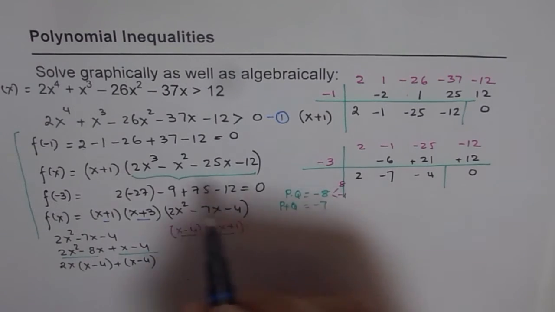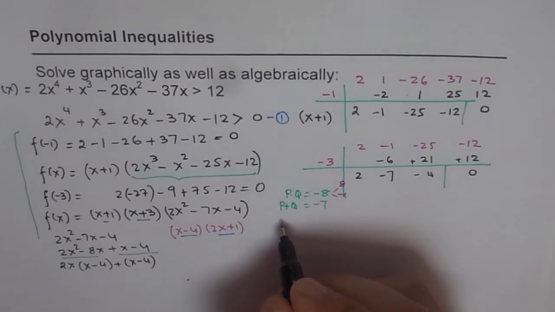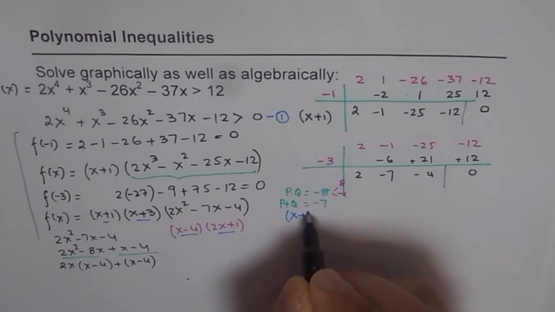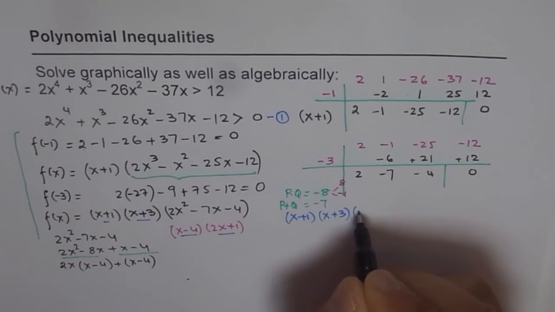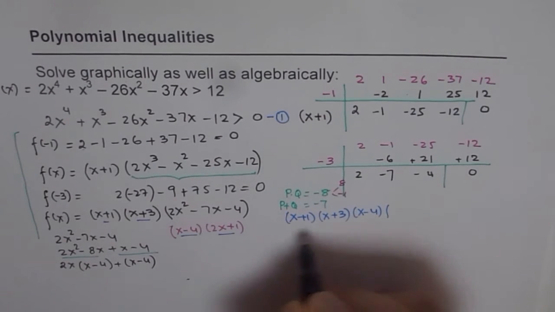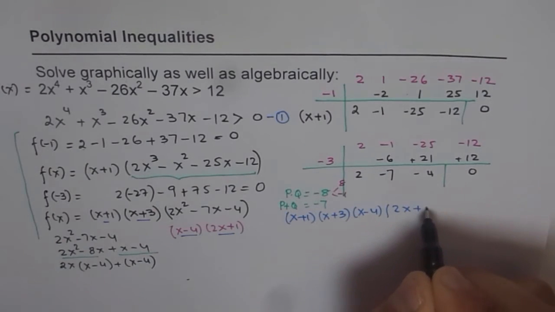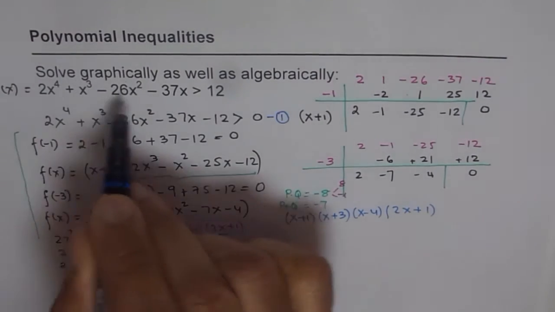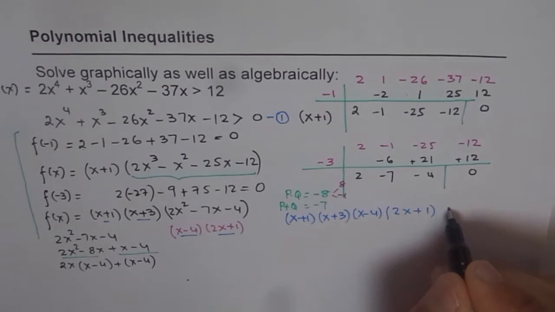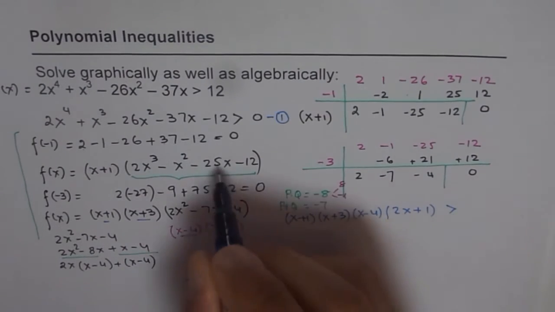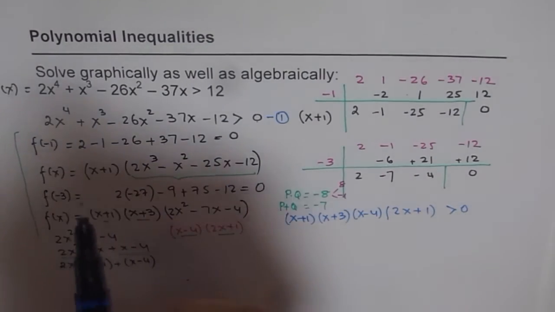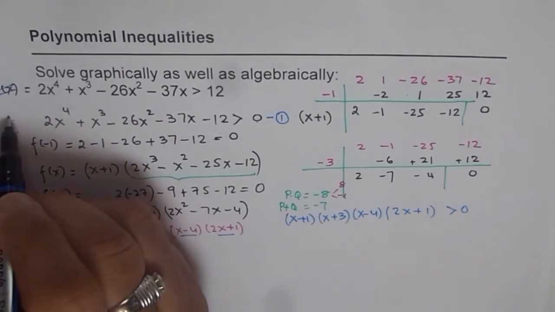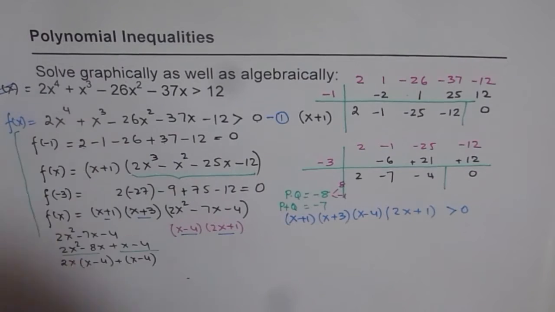So the equation is x plus 1, x plus 3 times x minus 4 times 2x plus 1. This is all this f of x, right? Is greater than 0, right? So this is, I should have written f of x here. So this is my function f of x, right?